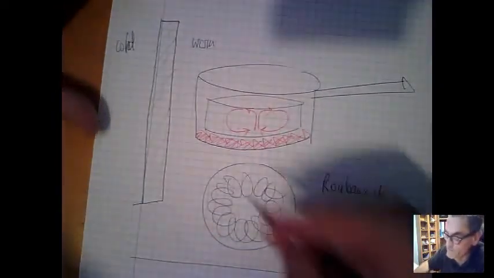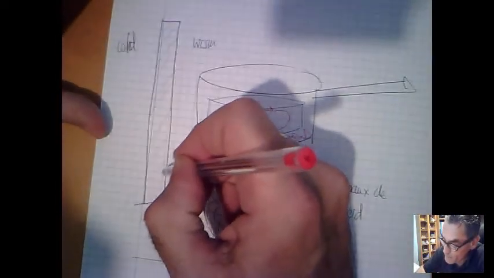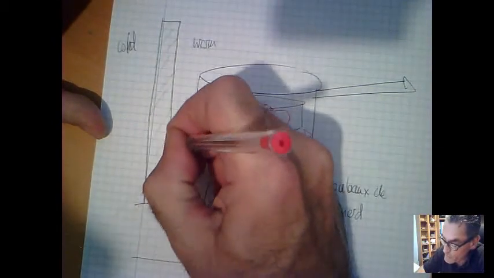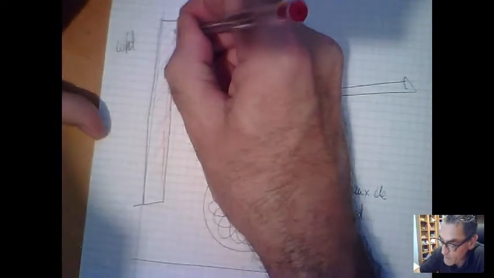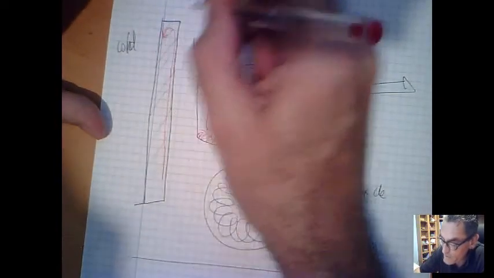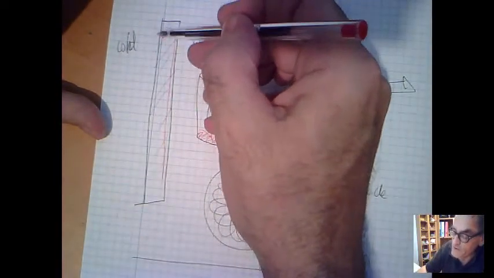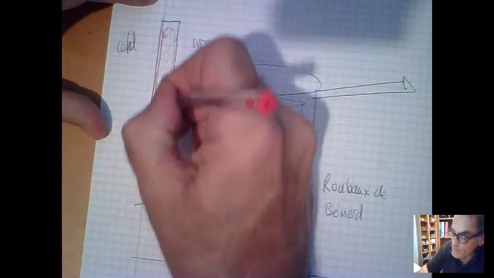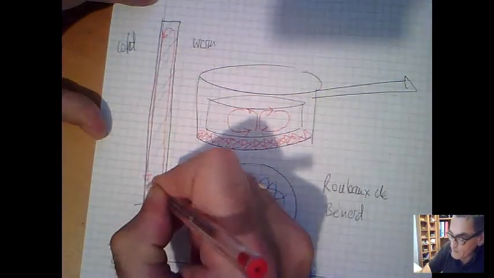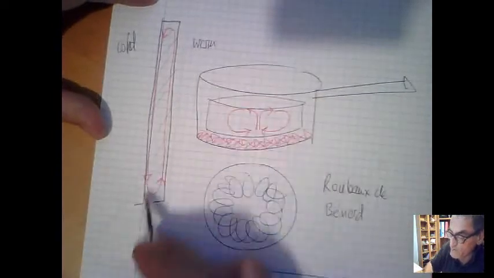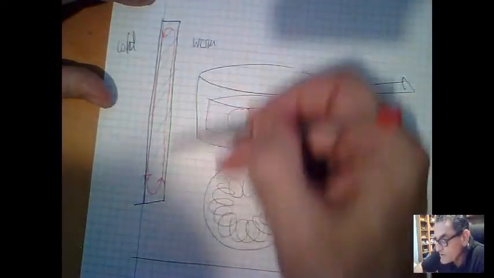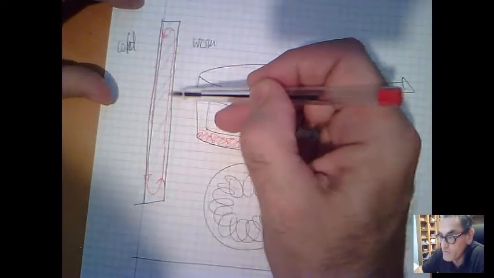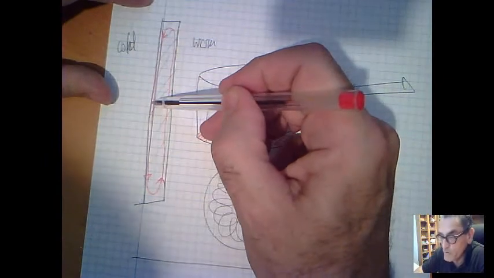Well, it's pretty obvious. The air which is close to the warm glass is going to become lighter and is going to come up. And then on the other side, when it comes up, it touches the cold window, and it becomes cold, and it goes down. And then when it's down, it goes up again. So the circulation of air transfers a lot of heat from the warm window to the cold window.